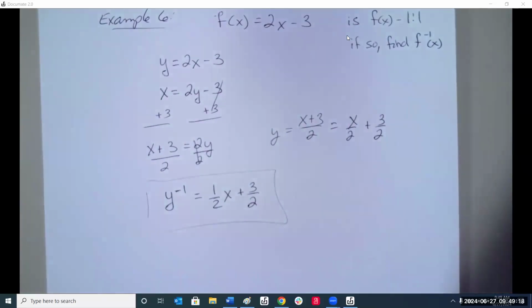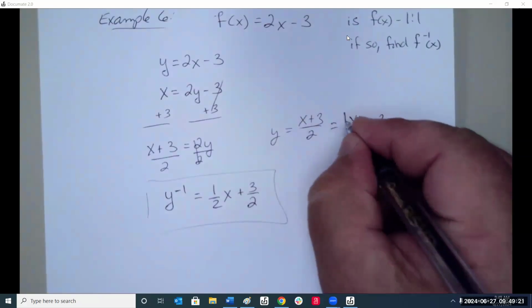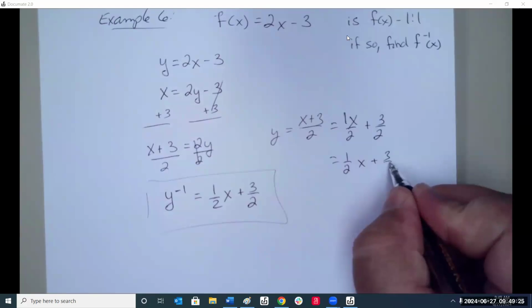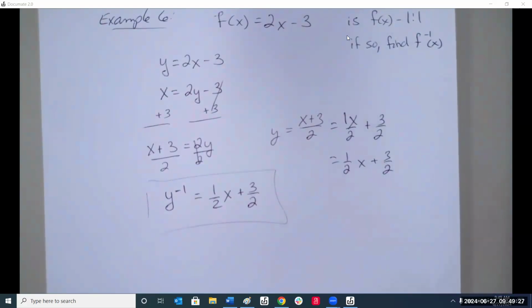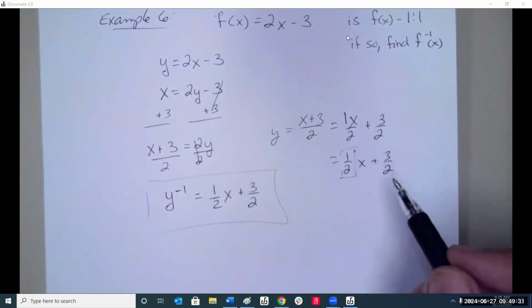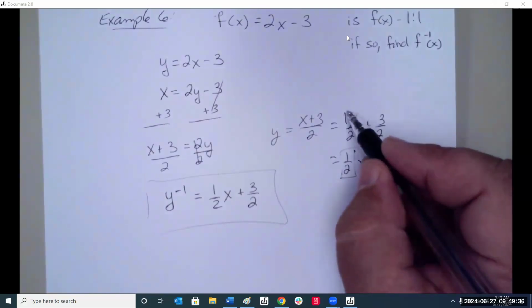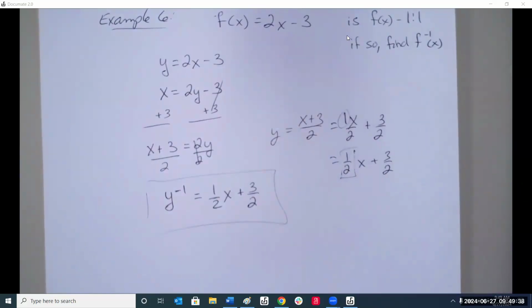What's the coefficient of x? So that's the same as 1/2 times x. We have to know what the slope is. That's the slope, up 1/2. A lot of people forget that there's a 1 there. So when I ask them what's the slope, they say 2. No, it's 1/2.